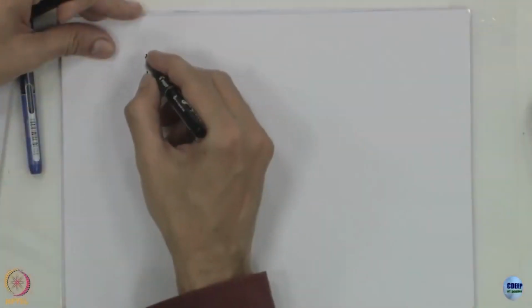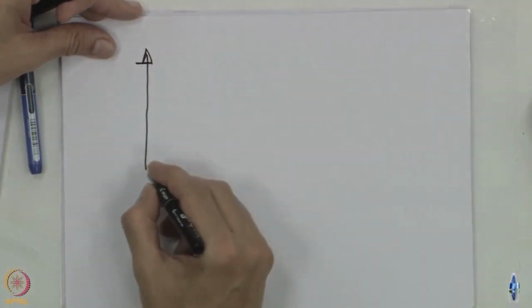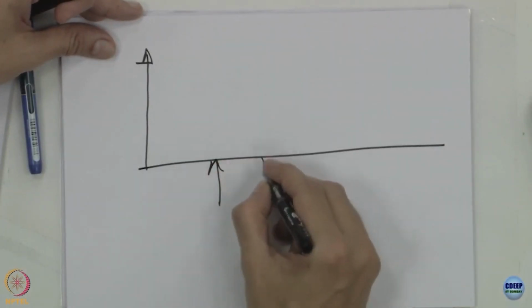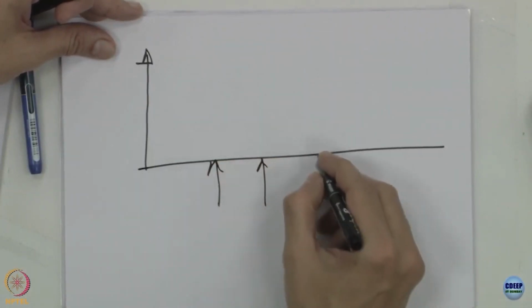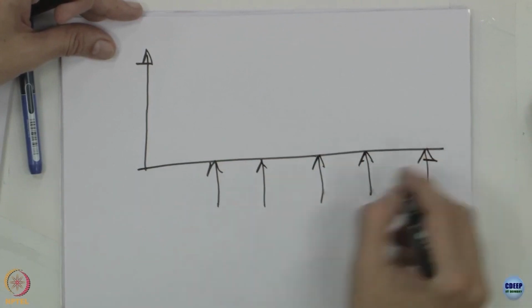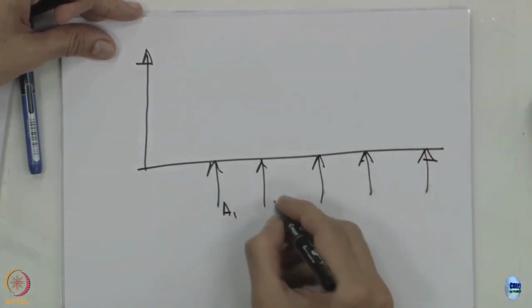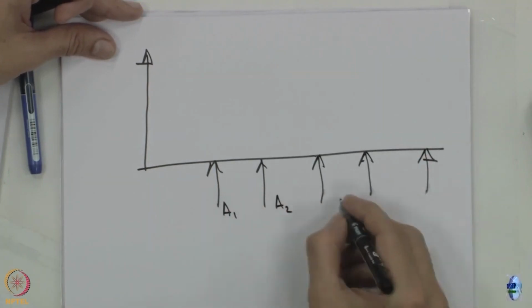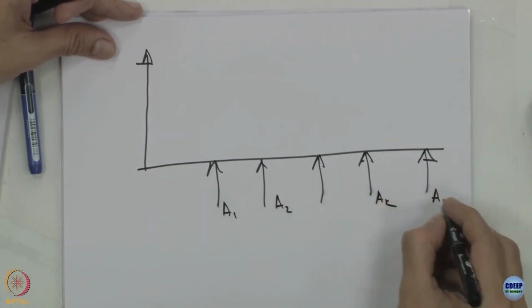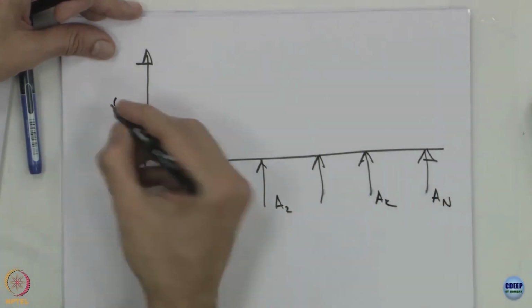So essentially what will happen is that if you look at the initial thing, we had C0 and we had all of these, that is your A1, A2, general AK, AN, and this is C0.